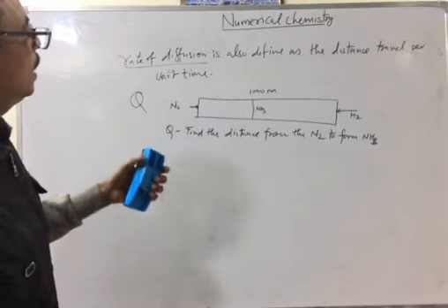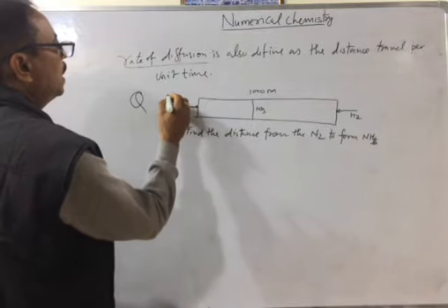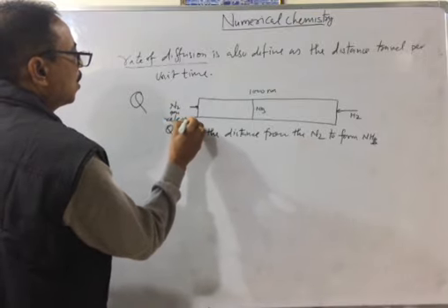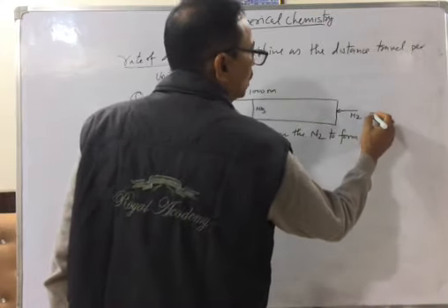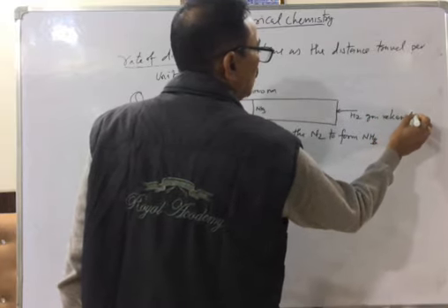From one side nitrogen gas is released, and from this side hydrogen gas is released inside the tube.